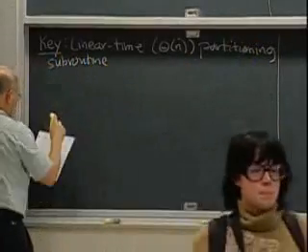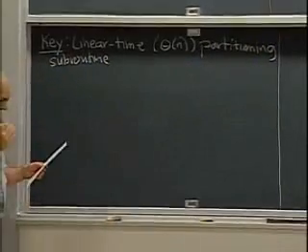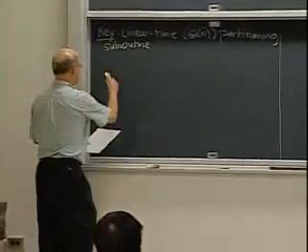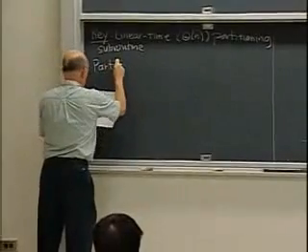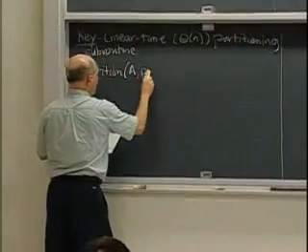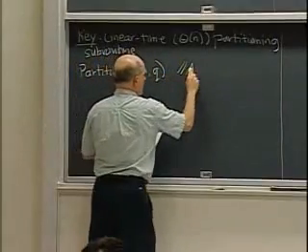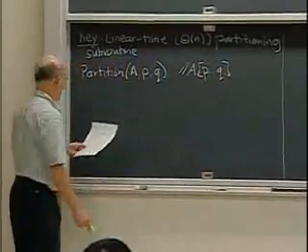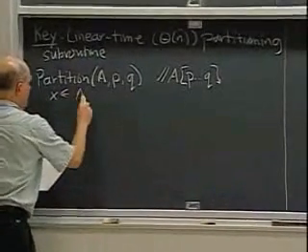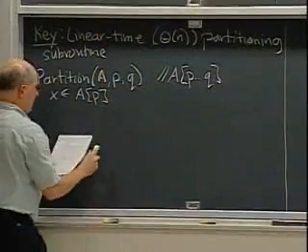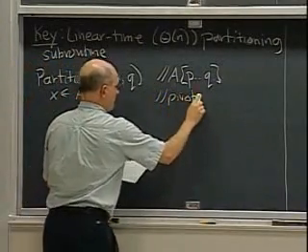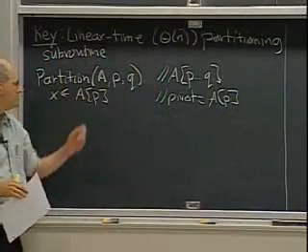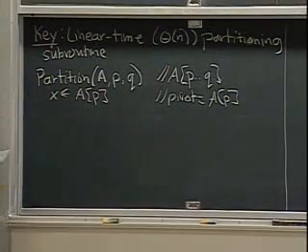And here's some pseudocode for it. This is actually slightly different from the book. So the book has one. In fact, there's a nice problem in the book that has even a different one. But they're all basically the same idea. This is partition A, P, Q. And what we're looking at at this step of the recursion is the subarray A from P to Q. Basically, we pick a pivot, which we're going to just pick as the first element of the array, A of P. The book, just for your information, uses A of Q. But I use A of P. Doesn't really matter. Okay?